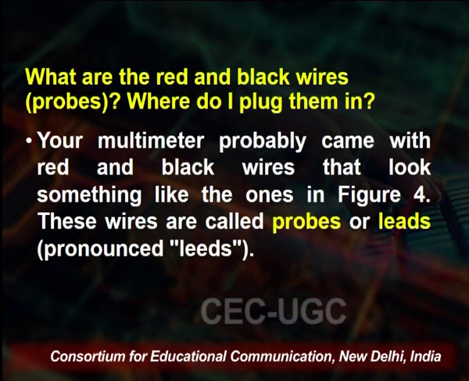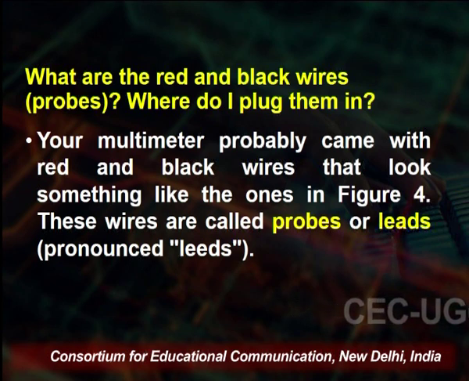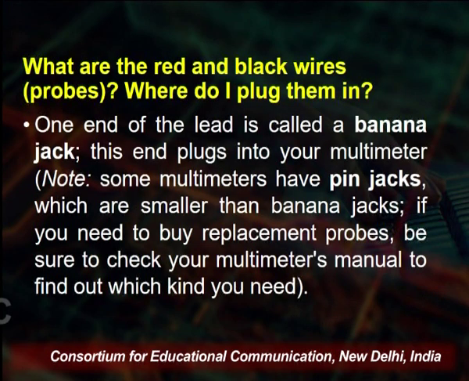These wires are called the probes or the leads. One end of the lead is called the banana jack, and this end plugs into the multimeter. Sometimes multimeters have pin jacks as well as banana jacks.